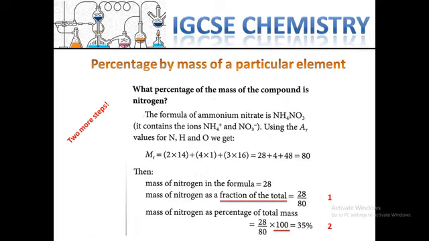After that you need to multiply by 100. Then you will get the result, the percentage of nitrogen in this ammonium nitrate, in the substance.